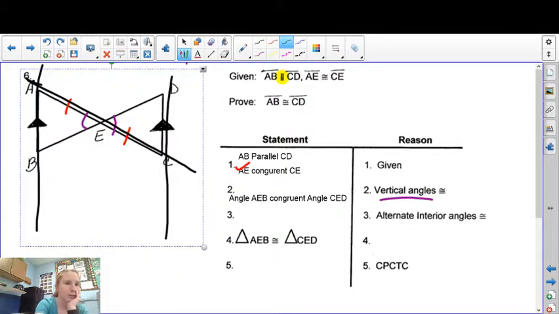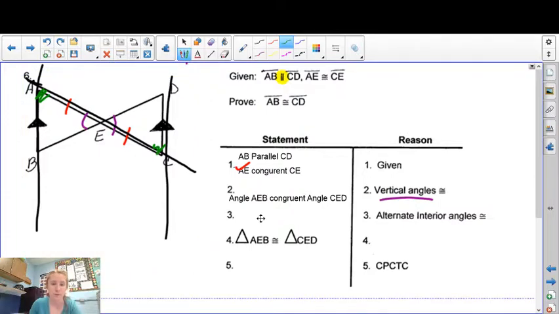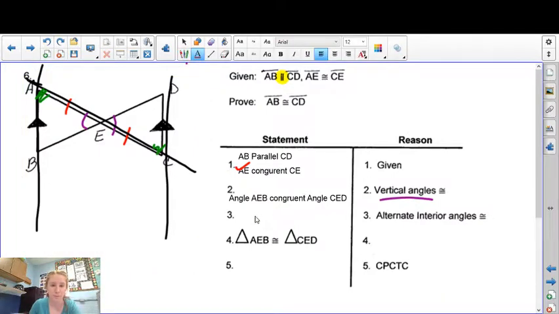So I use green yet. This guy is alternate to this guy, and it conveniently lies in my picture, which means that angle A and angle C are congruent, which is what I'm going to type. Because that's my alternate interior angles guy.